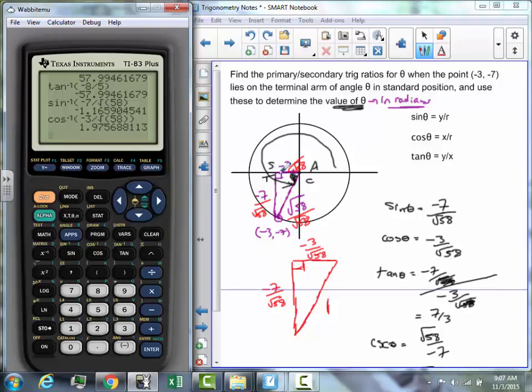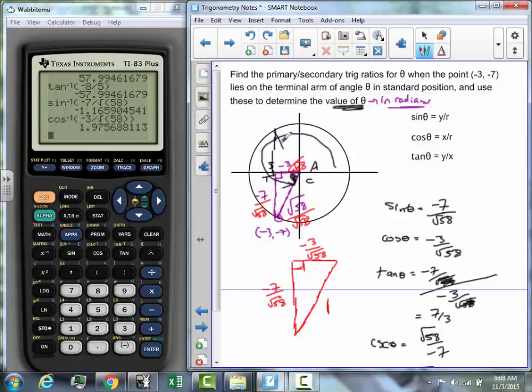Cosine's allowed to be negative in this quadrant down here. But cosine's also allowed to be negative up in this top quadrant right here. That makes sense. And what your calculator did is it pretended there was a triangle right here, and it said, hey, look, I found a cosine triangle that is also negative. And it calculated the angle from here to there, which is not the angle we're looking for.